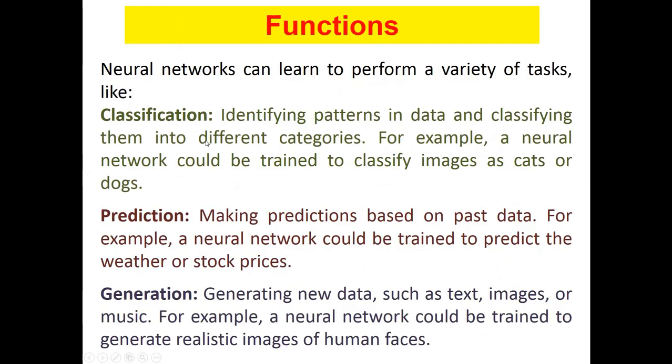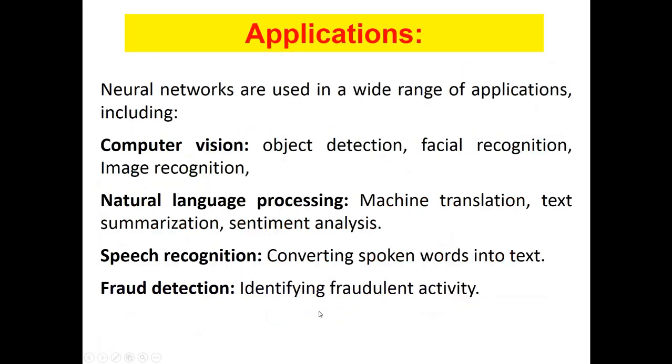Now neural networks can learn to perform a variety of tasks like classification, mango or orange, prediction, like predicting the age of a person or the expense of a company, or generating new data such as text, images, music, etc. This comes under generative AI.